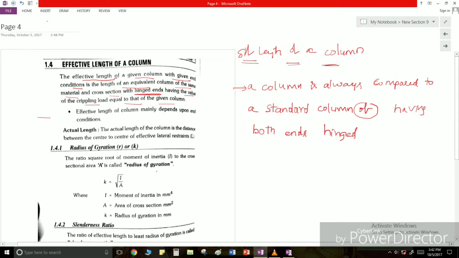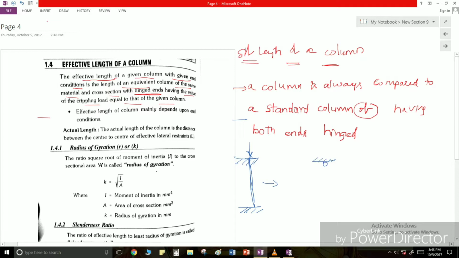For example, this column is there. It is having both ends hinged, and it is having some load, and it is always compared to a column which is having hinged ends and the same load P. If it is P, it is also P. So this is how a column is compared.